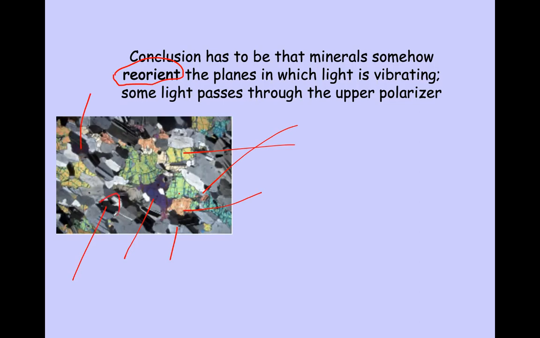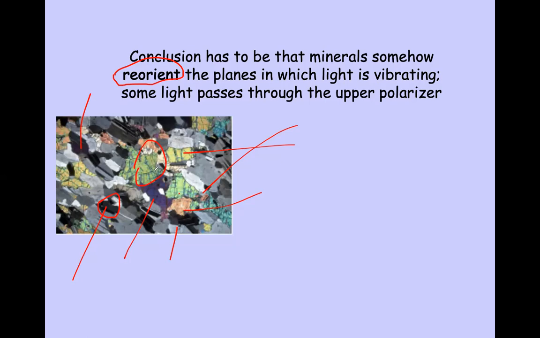For example, this mineral cannot reorient the light, so there will be no component to pass through the second polarizer from that particular portion of the mineral. But these minerals can reorient the light, so after passing the second polarizer, you will see some kind of color. It is not the natural color, but still you will see a color.